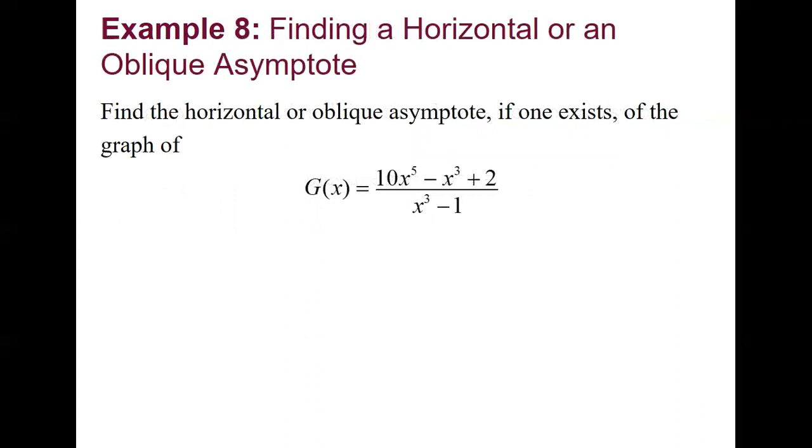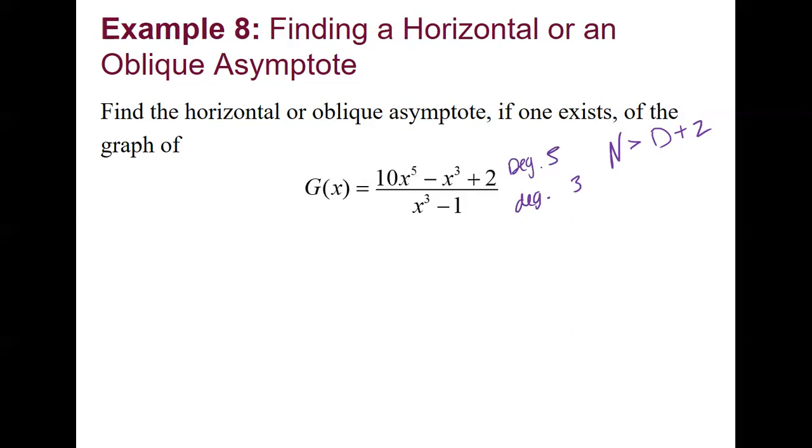Next one, example 8. What do we got here? What's the degree of the numerator? It's 5. What's the degree of the denominator? 3. What is their relationship? The numerator is greater than the denominator plus 2. So what does that mean?